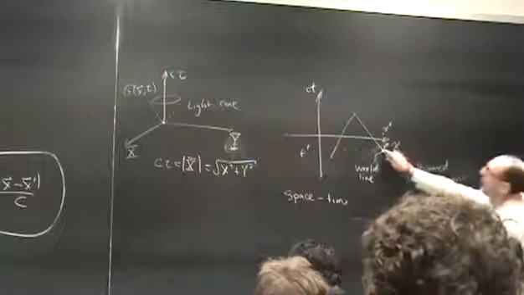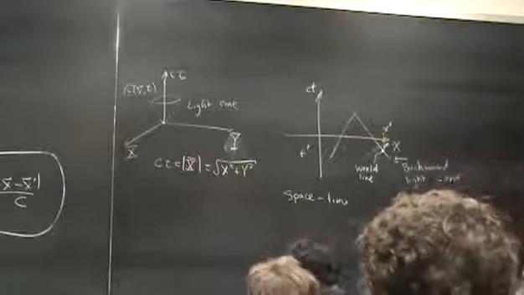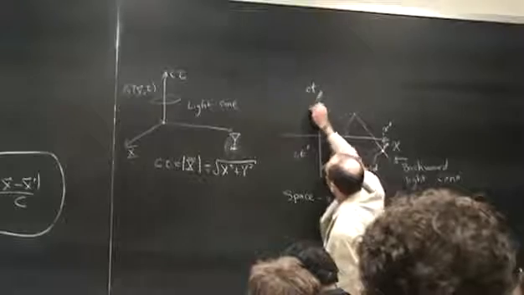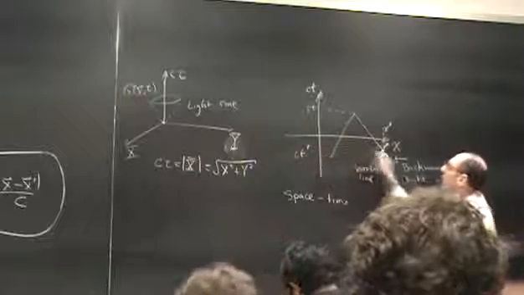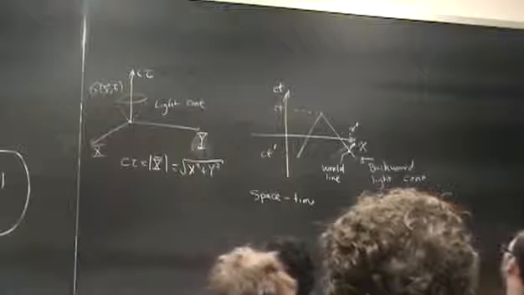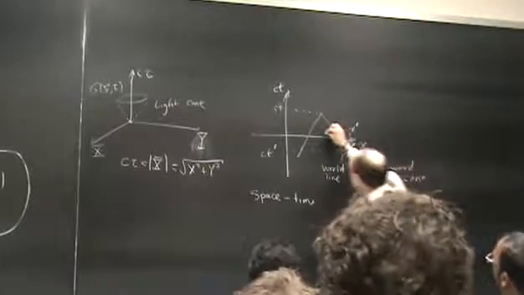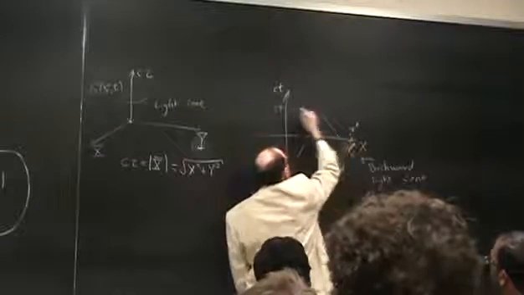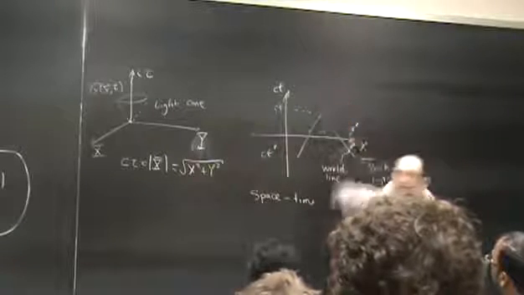When it crosses my backward light cone, it can contribute to the signal that I see. The signal I see at my time t depends on what this source was doing at an earlier time, if it crossed my backward light cone. If it's in my past, it could cross my backward light cone over here and contribute to what I see at this time, but it won't contribute to what I see at the present. Of course, it also can propagate into my future.